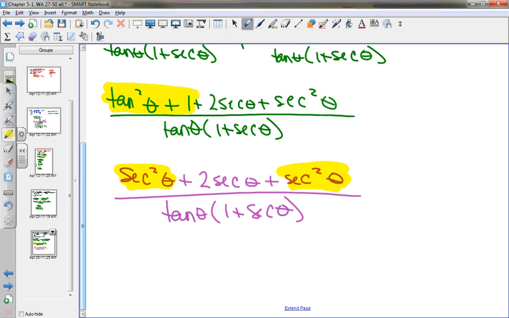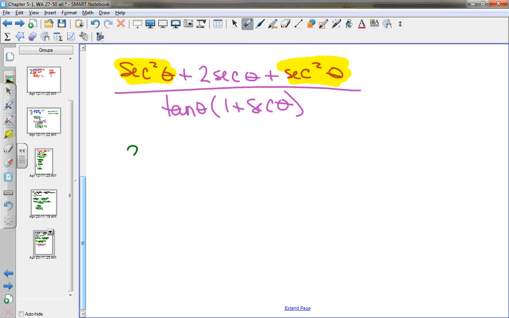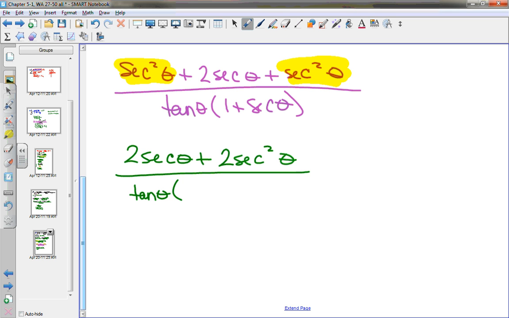So what I have going on here is 2 secant of theta plus 2 secant squared of theta all over tangent of theta times 1 plus the secant of theta. Come again? I can't hear you, honey.